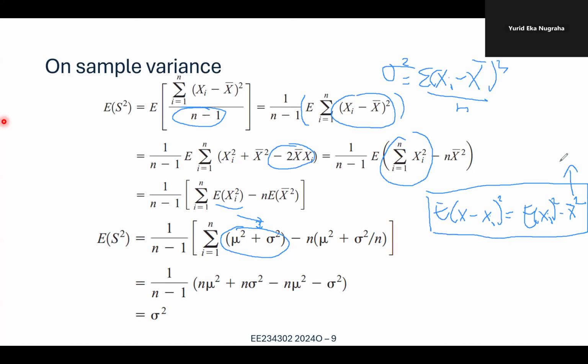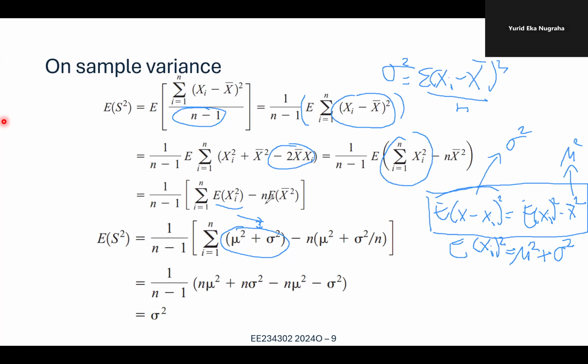Now you have mu being the mean, and this is the variance, the second moment of this. So xi minus mu square here is the variance. Thus, the expected value of xi square is mu square plus sigma square, and the rest of it will follow.